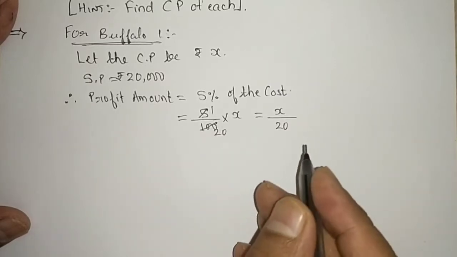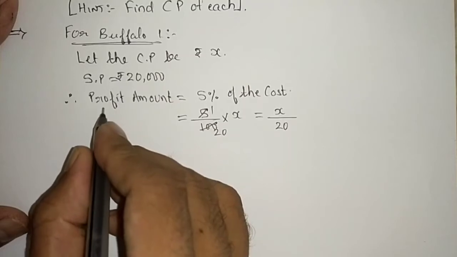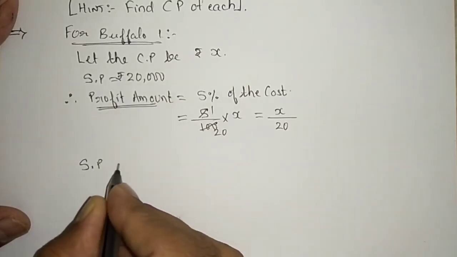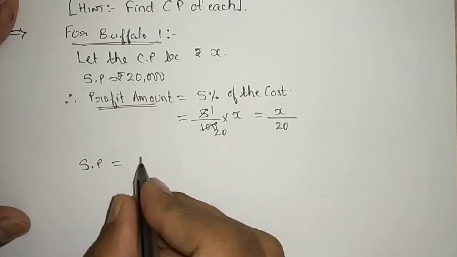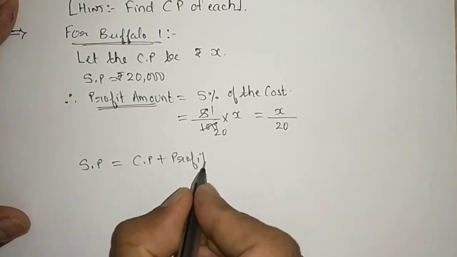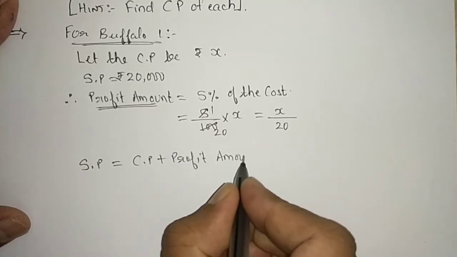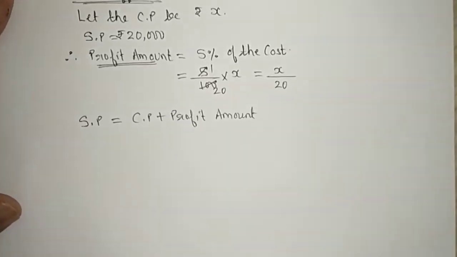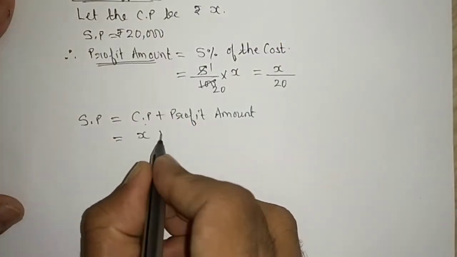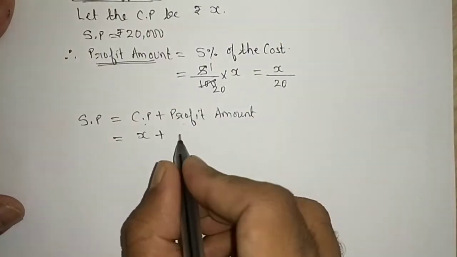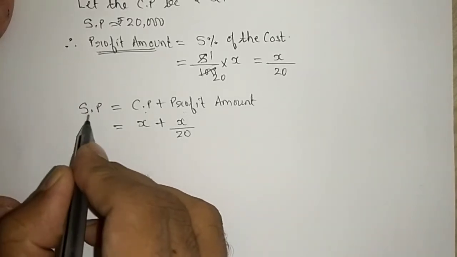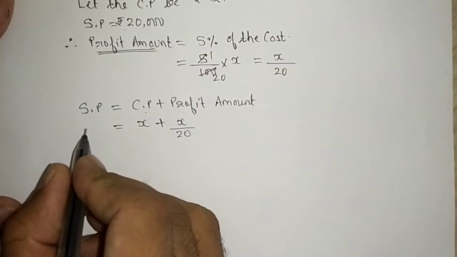Now as we know, when there is a profit, the formula for selling price is always cost price plus profit amount. And what is the cost price? Cost price is X plus profit amount is X divided by 20. And we know the selling price. What is the selling price? 20,000.